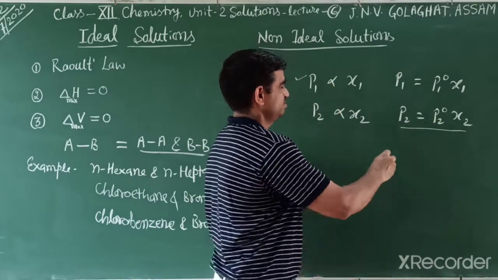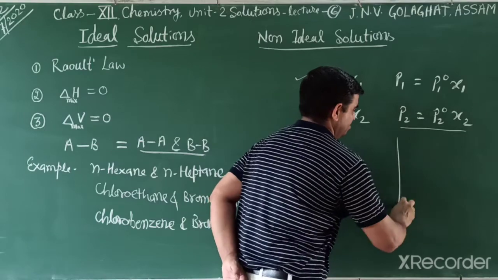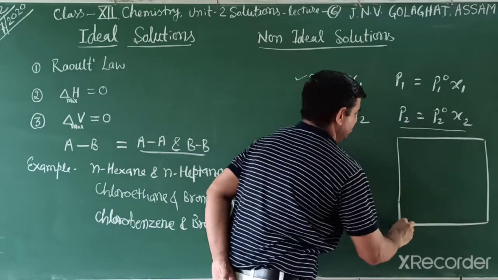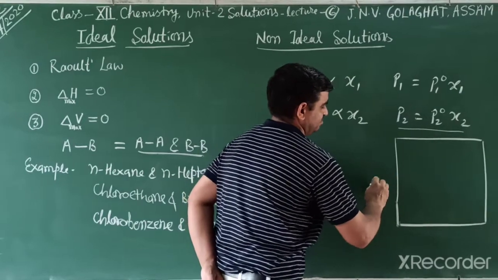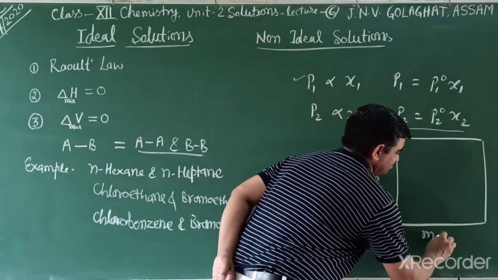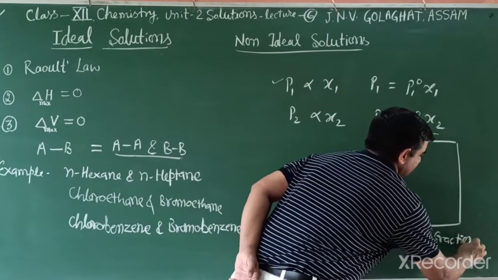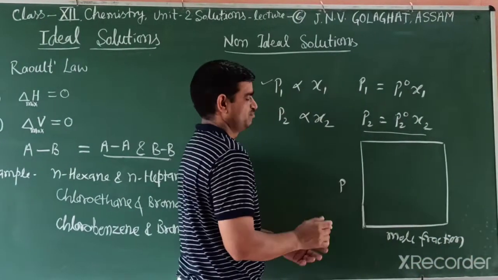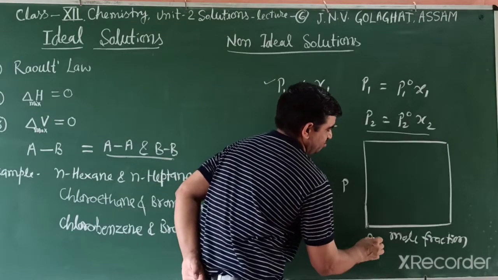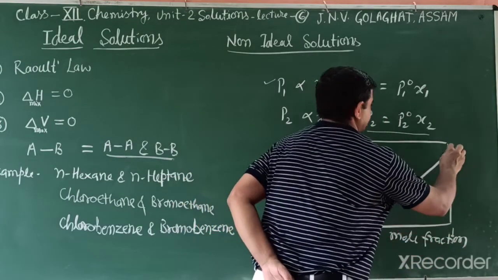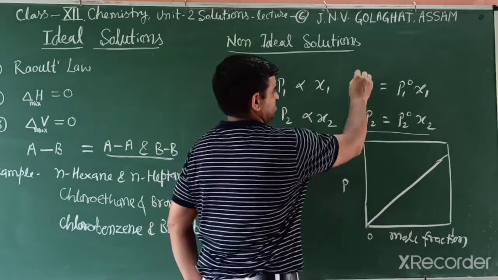If we plot this, we get a straight line, with vapor pressure on this side and mole fraction on the other. If we represent a single component, the mole fraction is 0 at one end and 1 at the other, so this line is a straight line. Why?